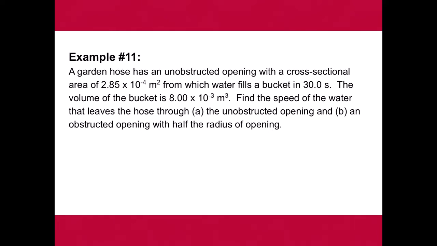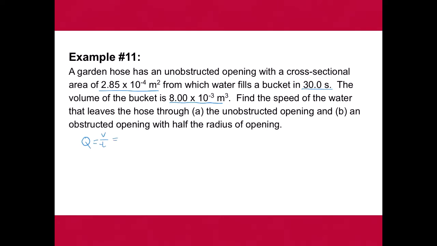So what we see is that we know that the cross-sectional area of the hose is 2.85 times 10 to the negative 4th. Okay, we know the volume of the bucket, and we know the amount of time it takes to fill the bucket. So we can actually already get the volumetric flow rate, right? That's volume over time.